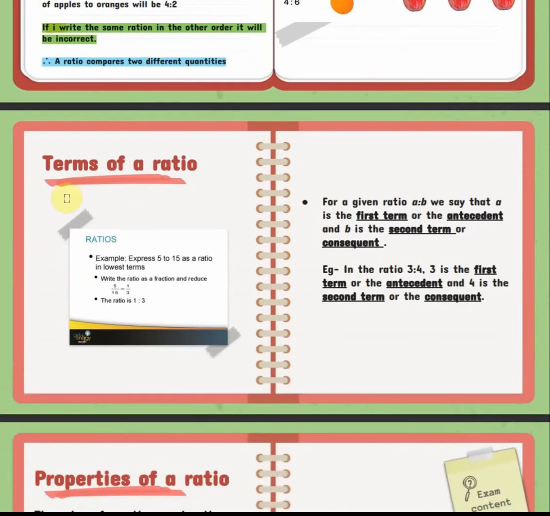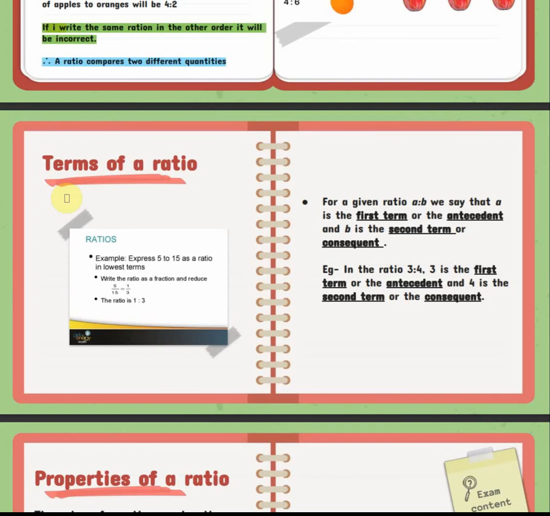Okay, let's go next. Terms of a ratio. Now, for a given ratio A is to B, we say that A is the first term, or we can say A is the antecedent. There's a particular word to resemble these terms in a ratio.